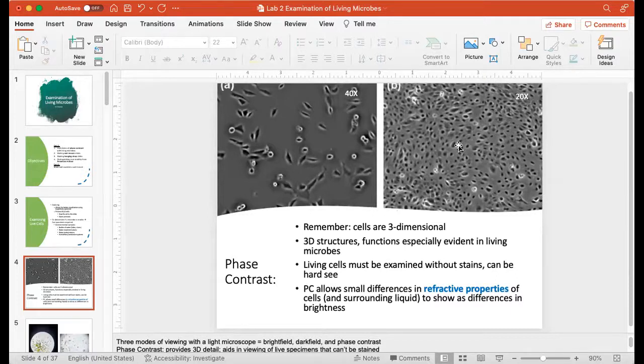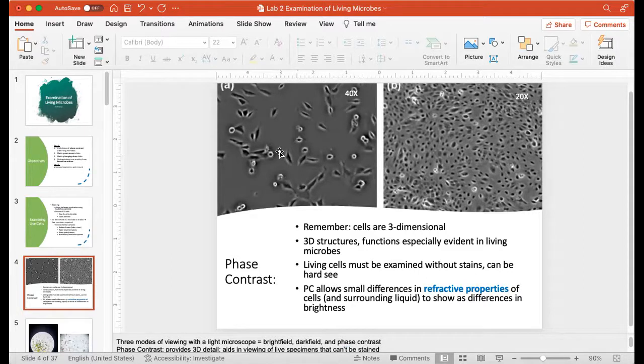I use this image because I want you to notice that some of these cells have a halo around them, a white halo. What phase contrast does for us is it allows us to take advantage of the refractive properties of three-dimensional living cells. You'll notice that some of these cells are refracting the light, and we're getting sort of a shine off of the cells, essentially. Now, if you look over here on the left, this is the same sample of animal cells, but now we're under the 40x lens.